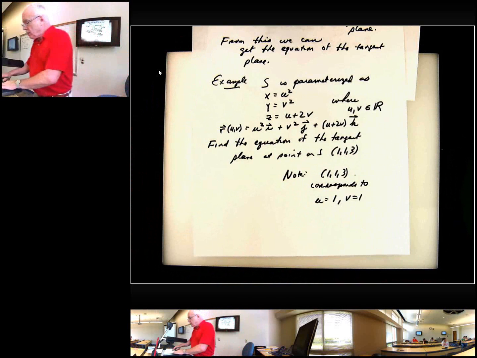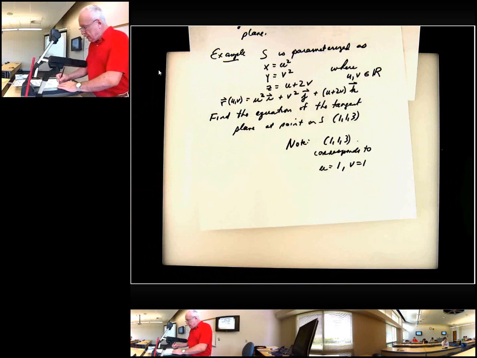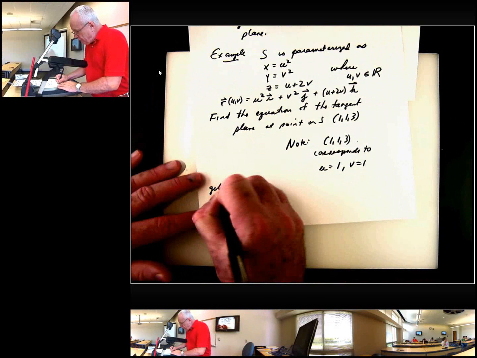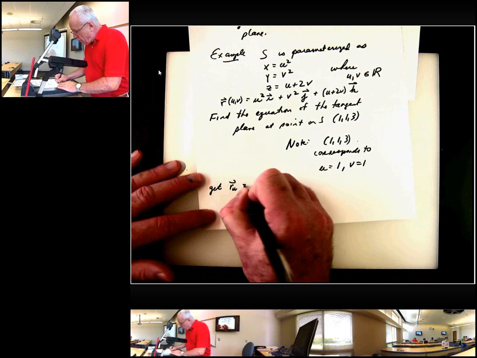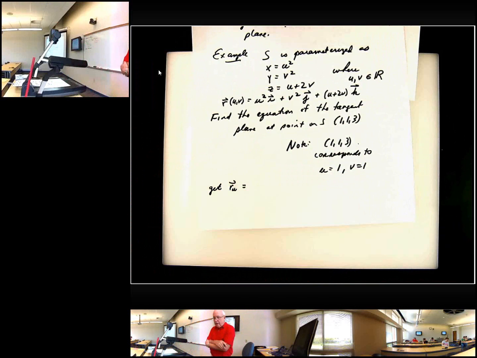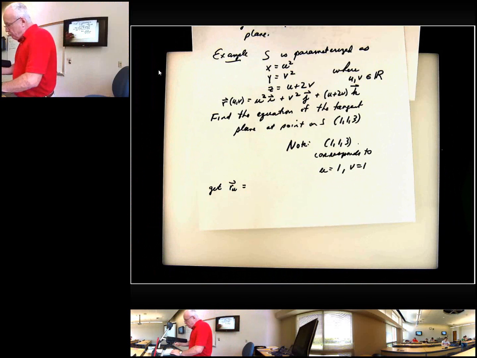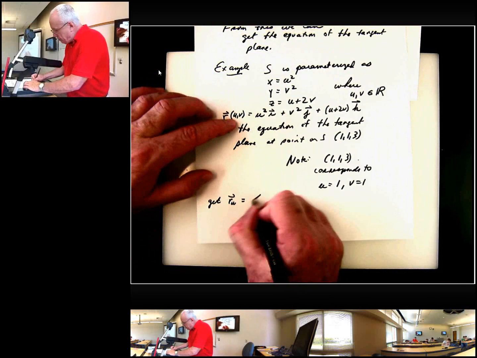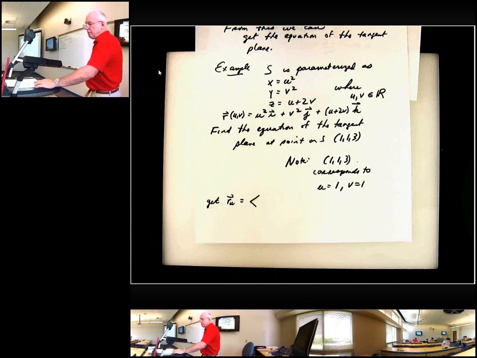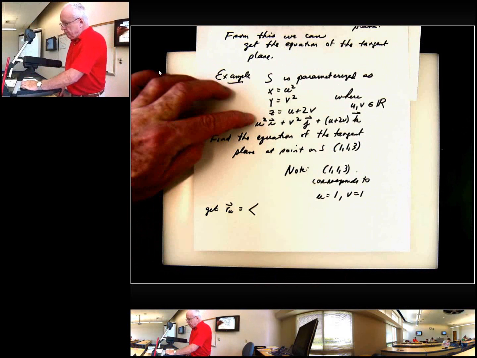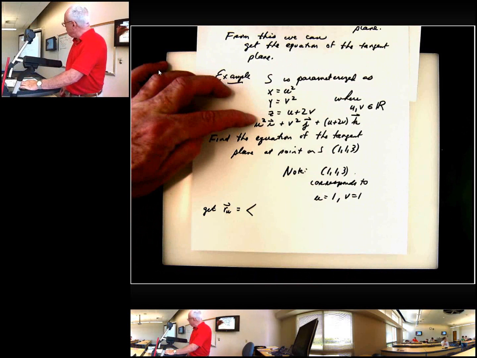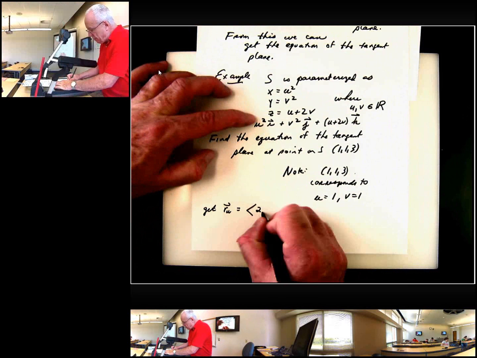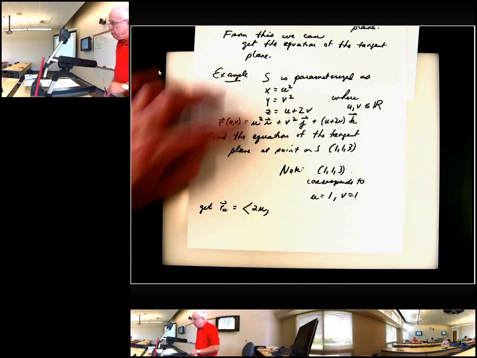All right. So what we have to do is get these two vectors, r_u and r_v. For r_u, we do the partial with respect to u. Let me put it in the bracket notation, so we go component by component. u squared, the derivative with respect to u is 2u.